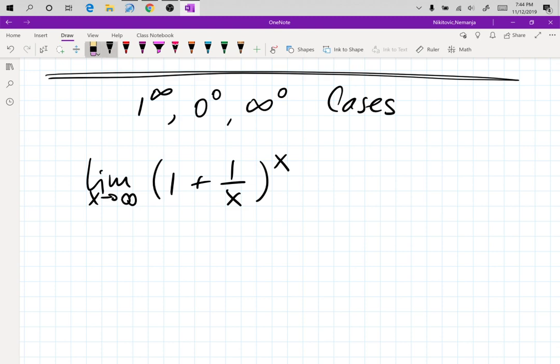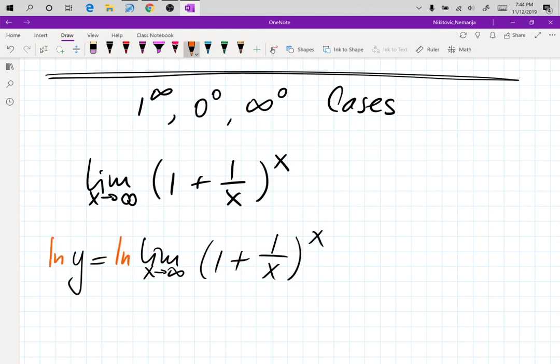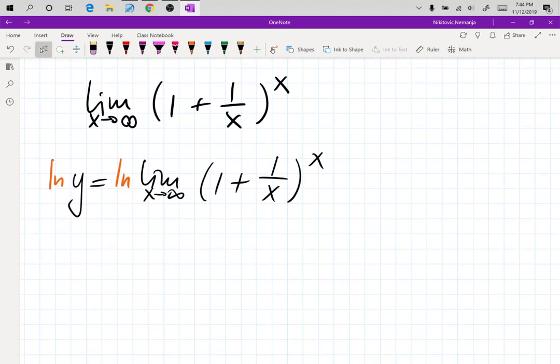The first step is to write y equals limit x goes to infinity of 1 plus 1 over x to the x, and now we can sneak in ln's. So ln y, I am going to kick the limit outside, and this becomes x ln of 1 plus 1 over x.